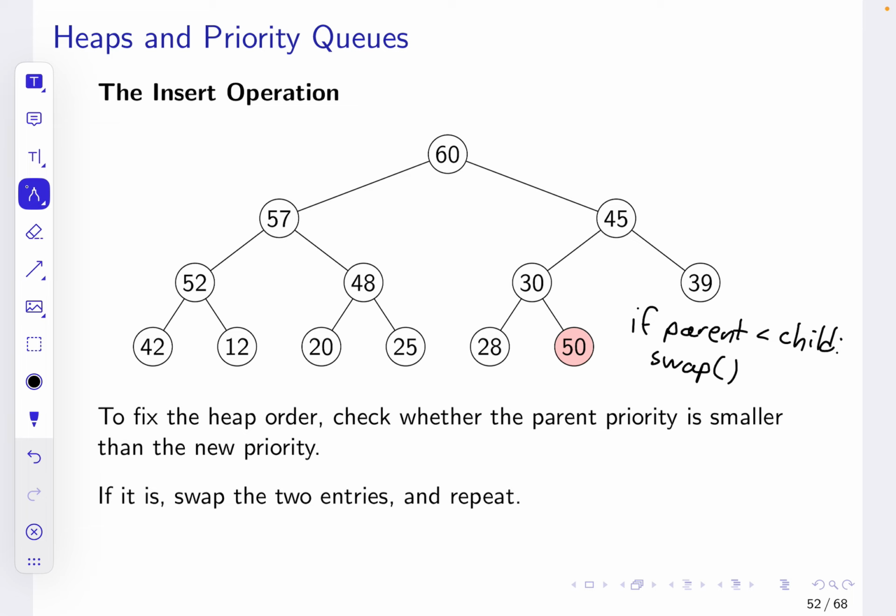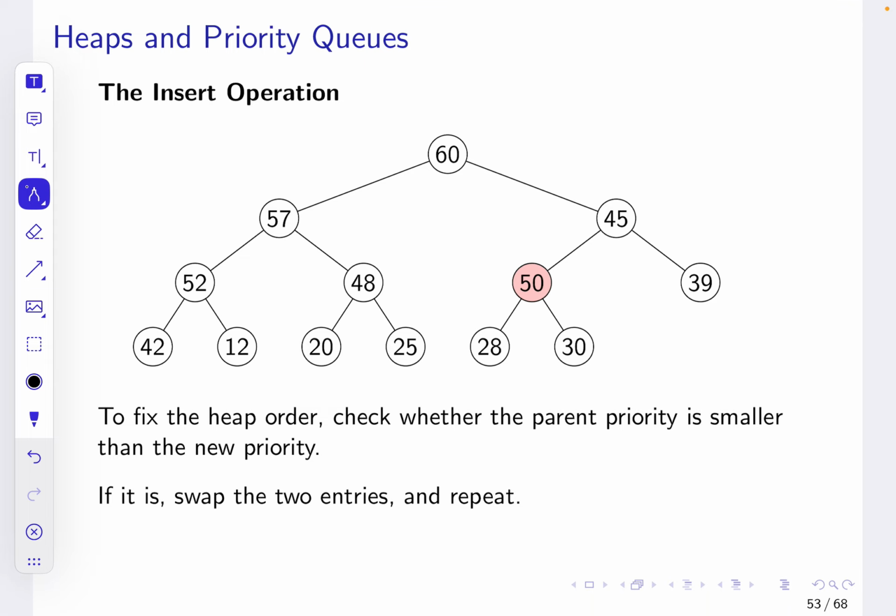And of course, we won't have convenient little variables for parent and child. Before we had pointers, but you'll learn in other classes that pointers are slow and array indices are way cooler. So just imagine instead of parent, you have something like A at index floor of (i minus 1) over 2, and child you just have index i, whatever.